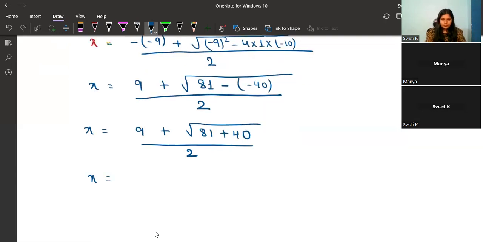X equal 9 plus, in square root we will write 120. 120 is not correct. 81 plus 40: what is 1 plus 0?